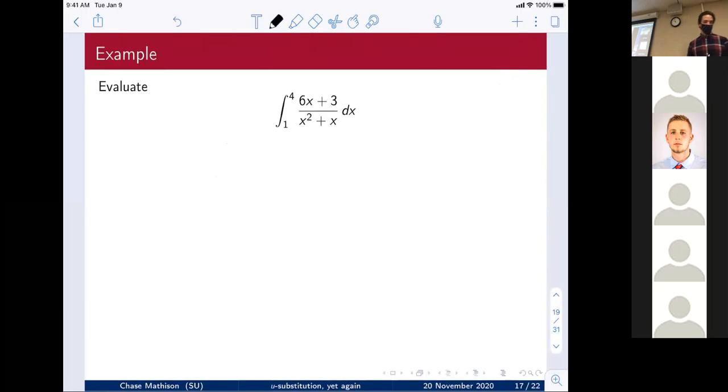All right, let's look at another one where it's not quite that nice in the end. It's still fine, but it's not going to be 0. Okay, so let's look at the integral from 1 to 4 of 6x plus 3 divided by x squared plus x.